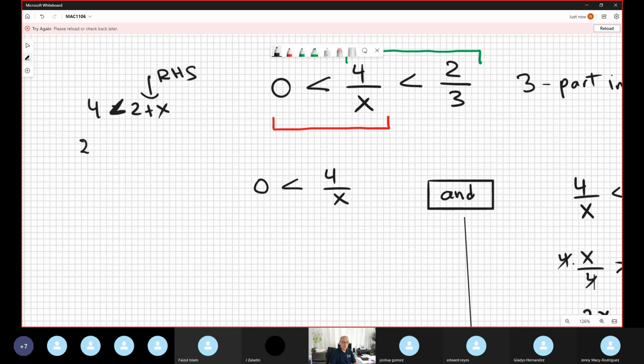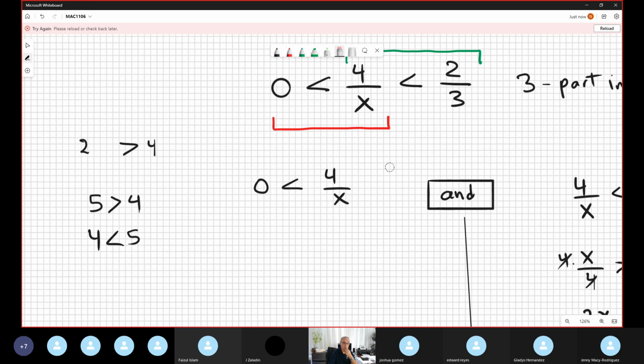So suppose that you interchange, you put 2 plus x here and you put 4 here. Now the sign is also reversed. It's flipped because it's classical. Suppose that you have, for example, 5 greater than 4, and you put a 4 here and 5 here. It's all because of that. No? So there are two reasons in which, in the manipulation of the inequality, you need to flip the inequality sign.